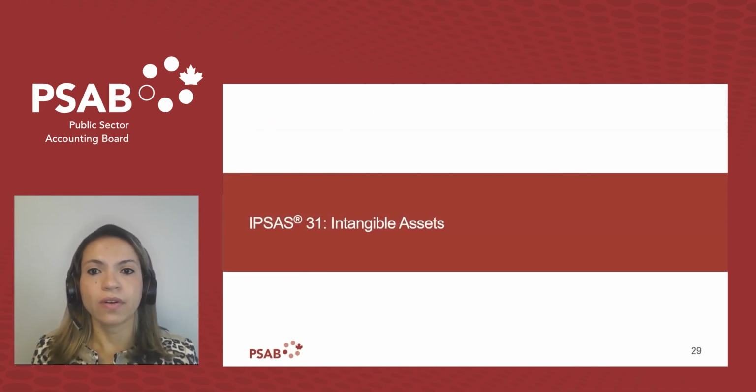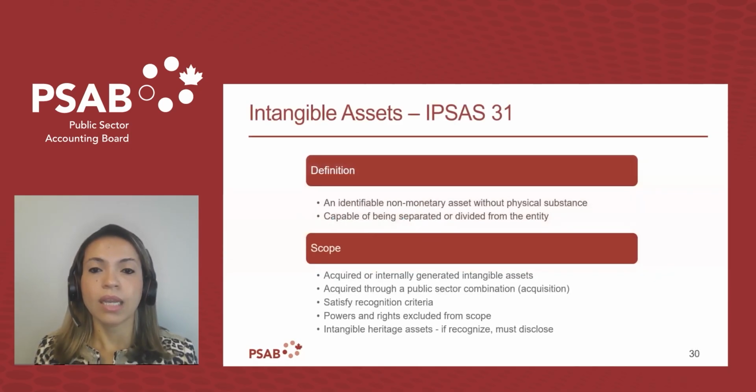IPSAS 31 focuses on recognition of acquired or internally generated intangible assets that meet the asset definition and the recognition criteria. Under IPSAS 31, an intangible asset is an identifiable non-monetary asset without physical substance.